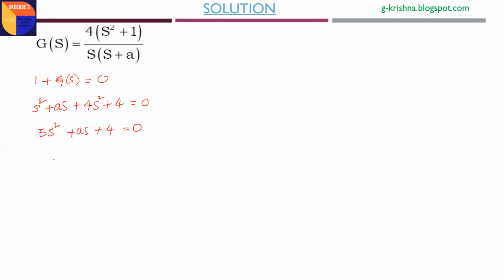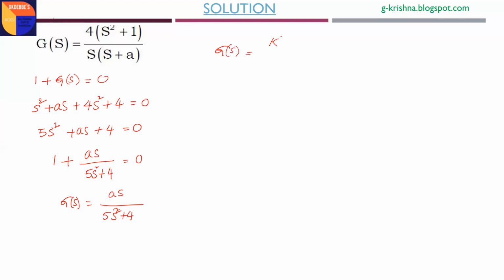So you can write this characteristic equation as 1 + as / (5s² + 4) = 0. Now this is the modified characteristic equation, in which the new open loop transfer function is as / (5s² + 4). Always the variable parameter, it can be k, a, p, anything, should be in the numerator part.